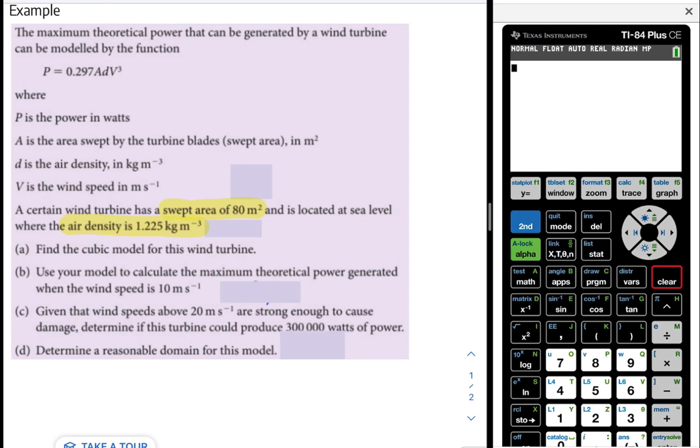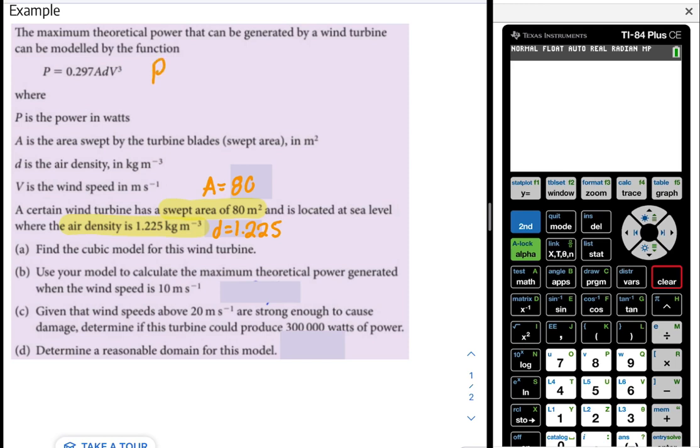In this question, we're given the swept area, which corresponds to the value of A. So we know A is equal to 80, and the units match. Then air density is our D value, so D is equal to 1.225, and the units match as well. Perfect. So I can replace that into my function.